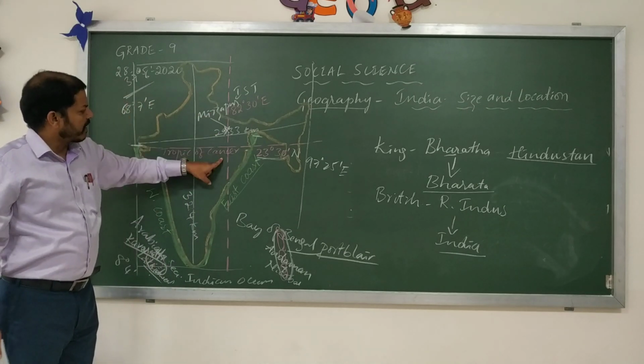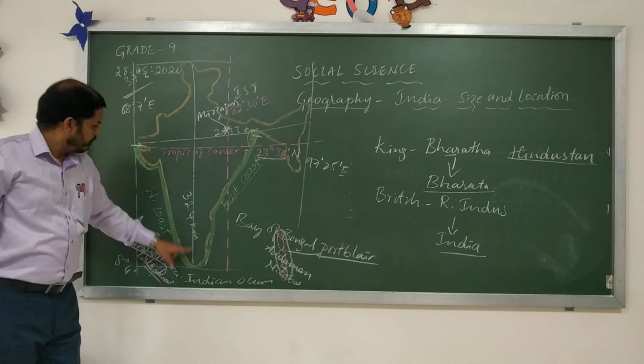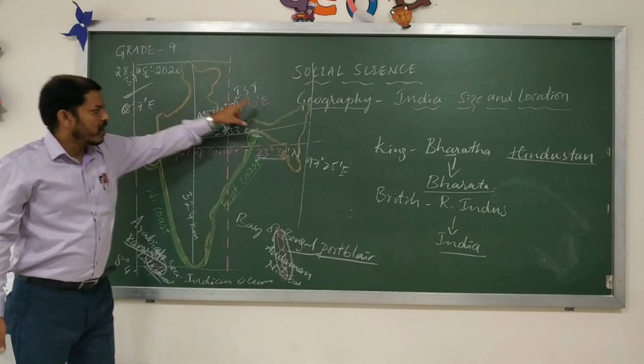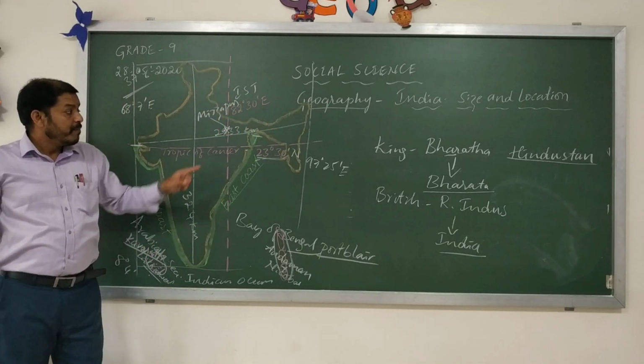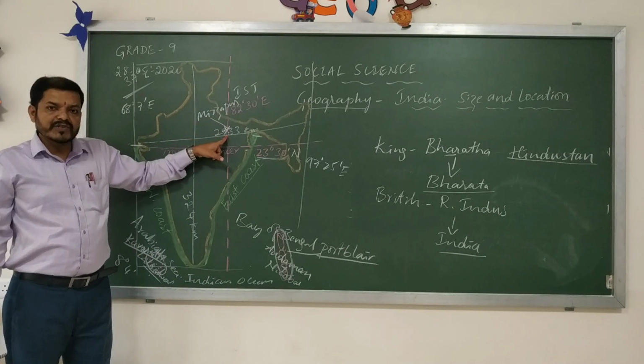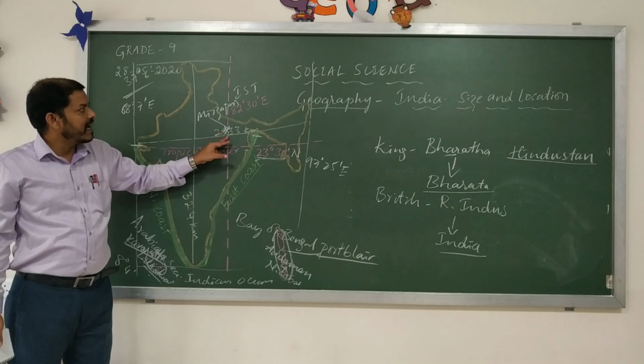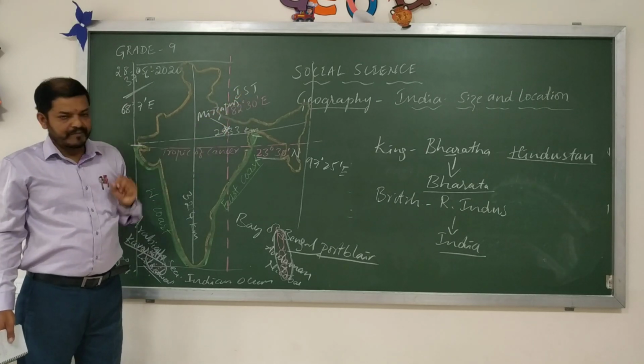You go anywhere, Kanyakumari, Bombay, Saurashtra, Jammu Kashmir, Arunachal Pradesh, any part, based on this particular longitude, the timings will be set. So we consider this line as the Indian Standard Timeline.